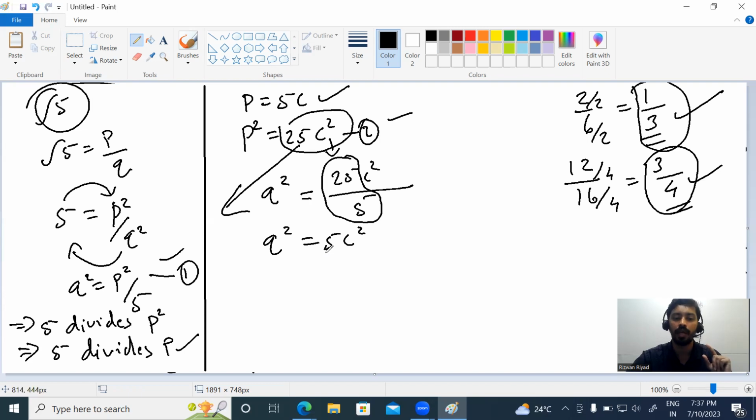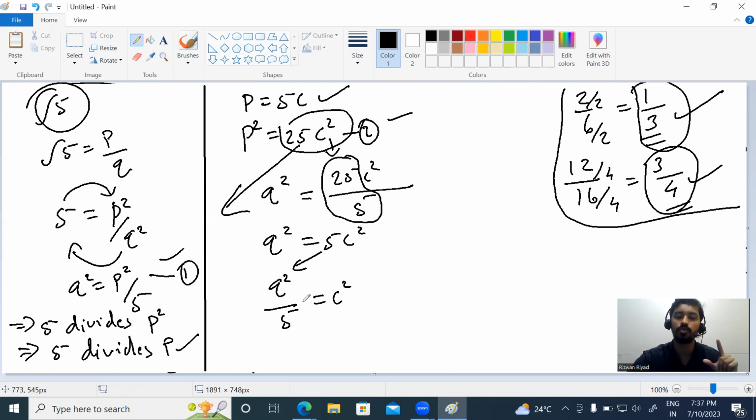If you take this 5 to the left side, that becomes q square by 5 equal to c square. What is the meaning of this? If you divide q square by 5, you are getting c square. C is an integer, so c square is also an integer. So if we are getting an integer after dividing q square by 5, which means q square is divisible by 5.